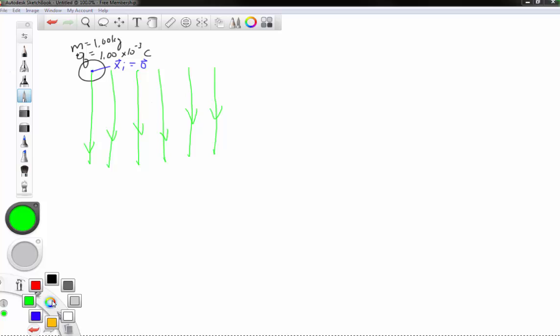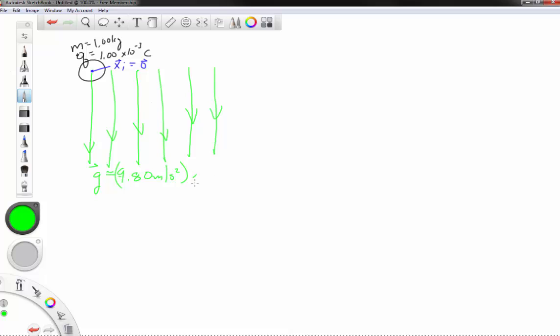Then we also have in the same vicinity g, which is 9.8 meters per second squared. Let's call downward the negative j hat direction, in other words, the y direction.